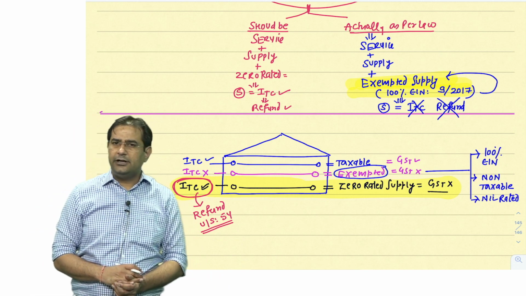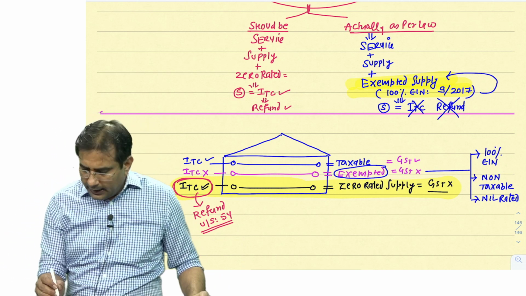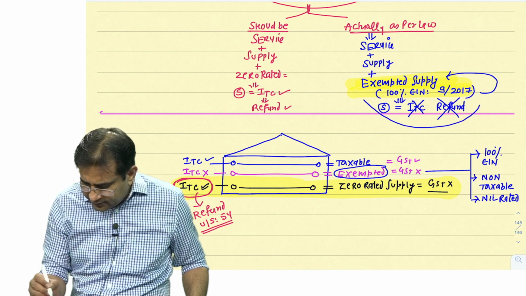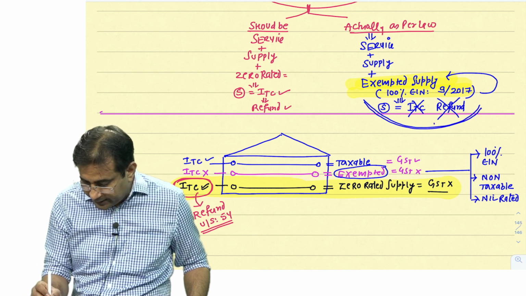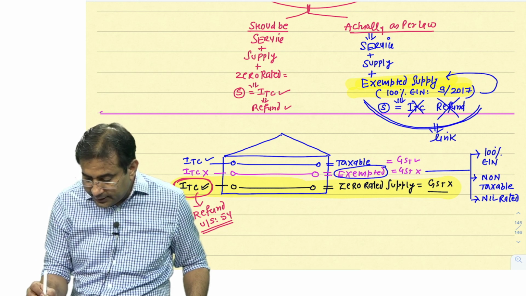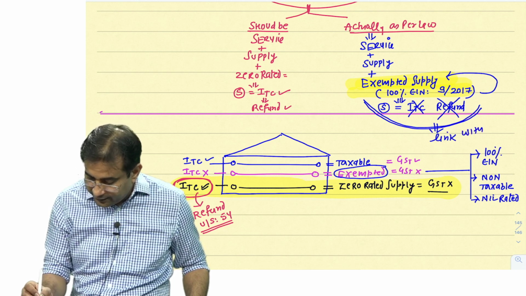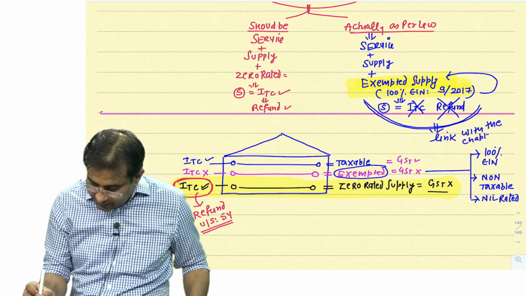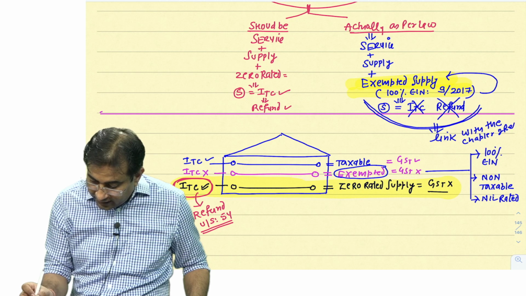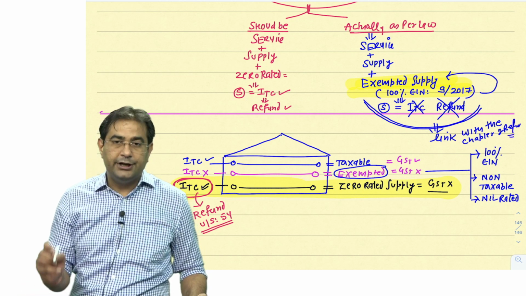But I will definitely link this provision. Up to this moment you have the point, but remember, I will link it with the chapter of refund. I will further elaborate this point in the chapter of refund.